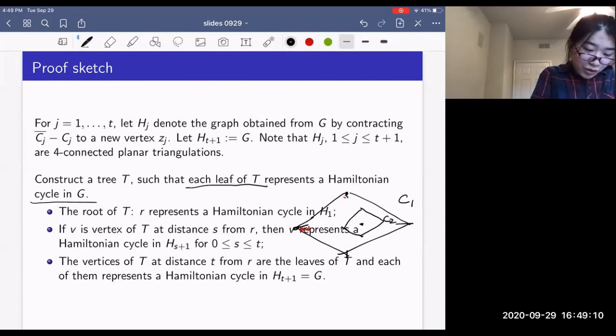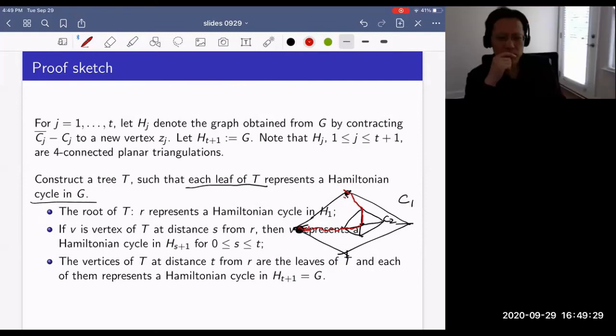So we contract the interior of C2 to one vertex, and to see the Hamiltonian path between these two vertices, like this. So it's a Hamiltonian path in H2.